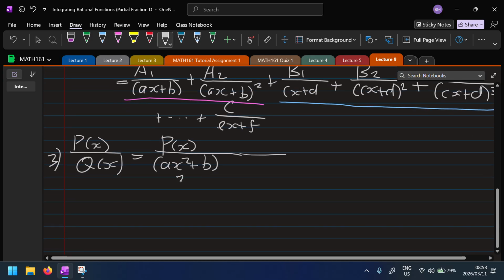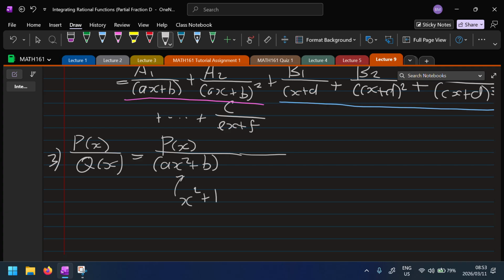So again, for this, think of something like x squared plus 1, where you cannot factor it any further. And then maybe you have some other terms as well. Okay. And this we call an irreducible quadratic.